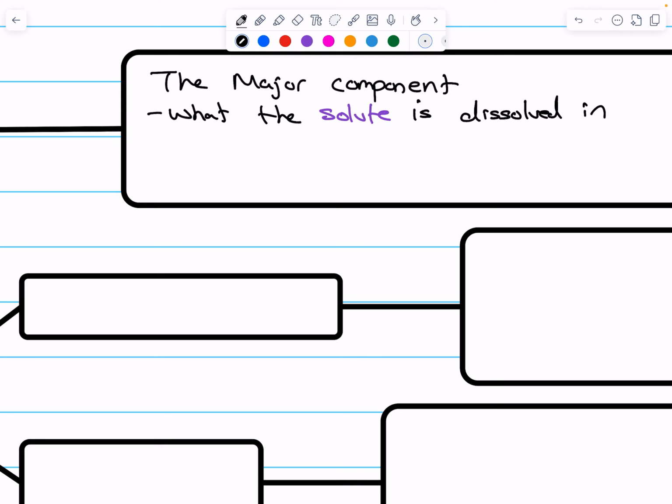Oxygen is the second component, the major solute. Argon is the third component, and that is 99.9% of air. Everything else is trace gases. So air is a solution of gases where nitrogen is the solvent, so to speak.